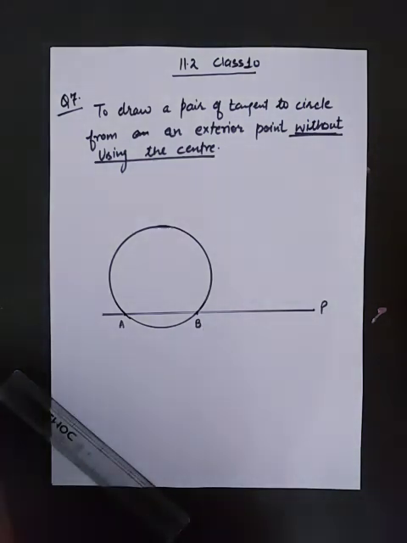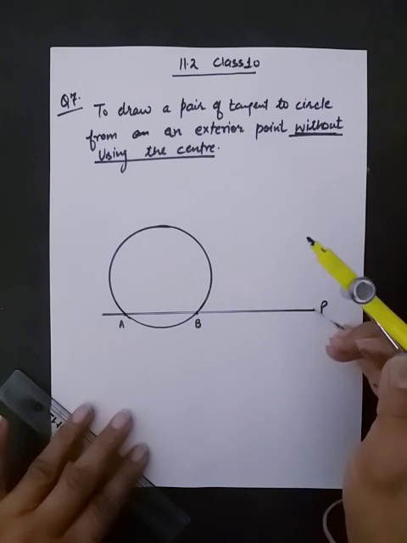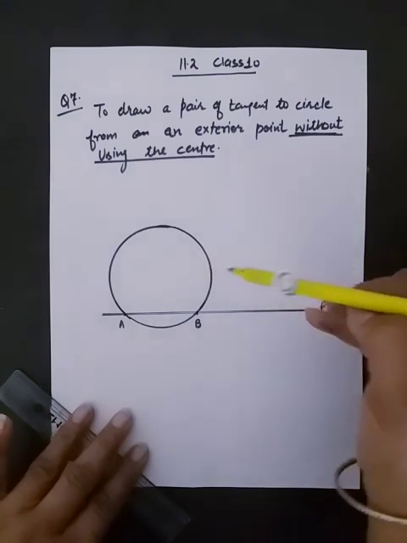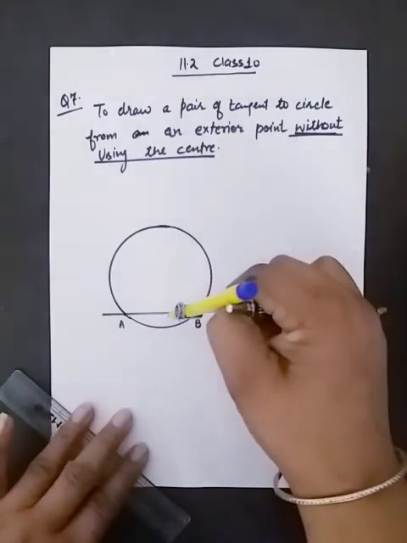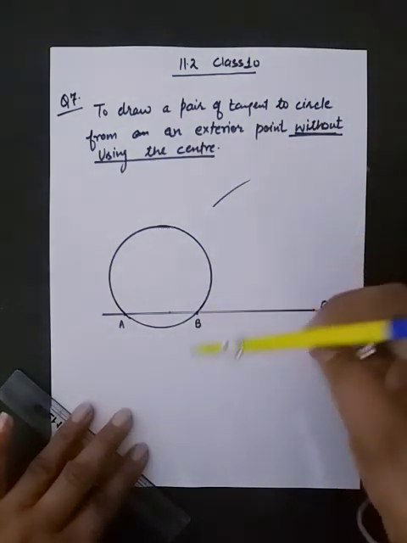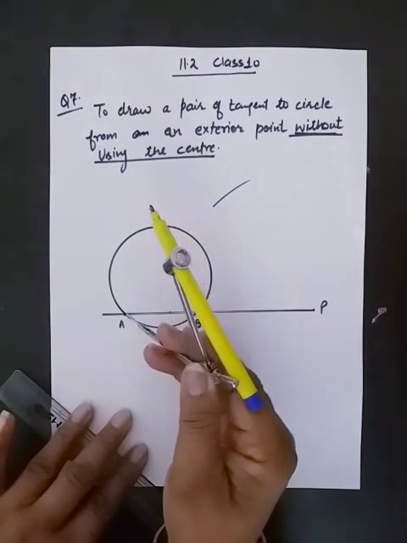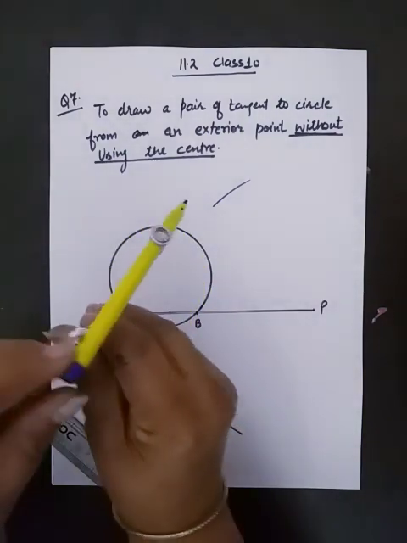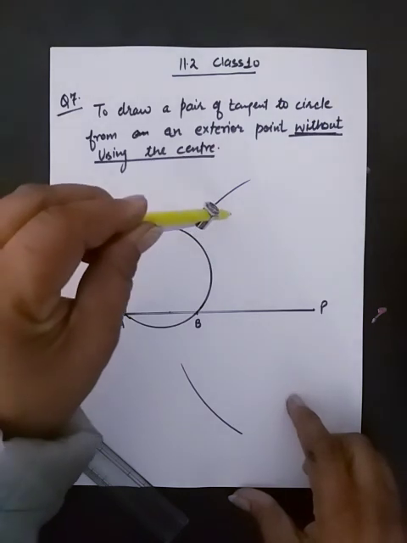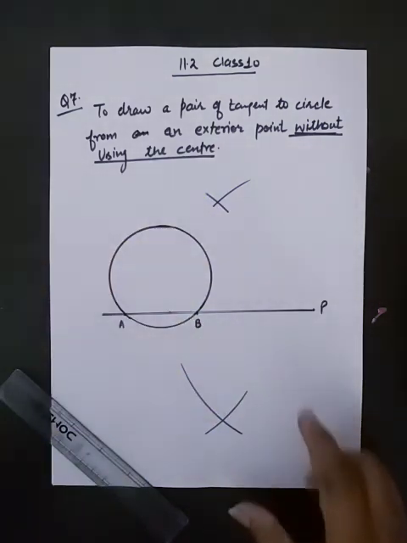Now the next step for the question is we have to draw the perpendicular bisector of PA. For this we have to take any radius, and taking P as center we have to mark two arcs, and with the same radius we have to mark two arcs by taking A as center such that they intersect the previous arcs like this.